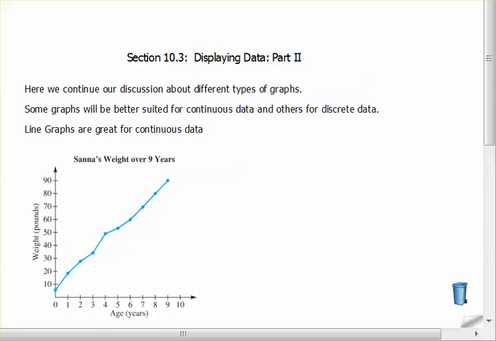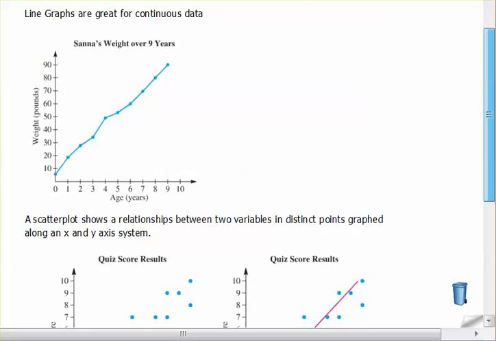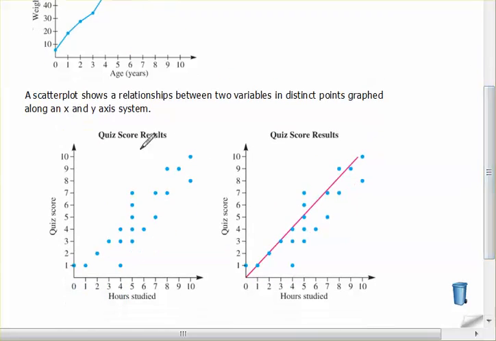Now, discrete data is something where you're talking only about specific values. So, for that, let's look at the scatter plot so you can see that. This scatter plot here is talking about quiz score results. So we have very specific values.